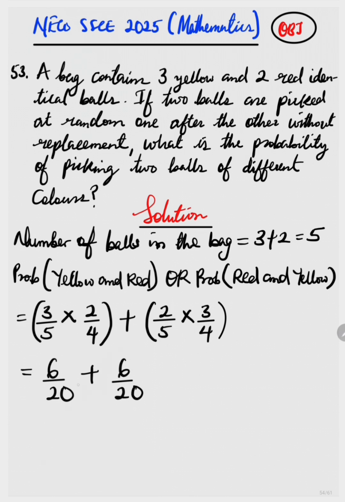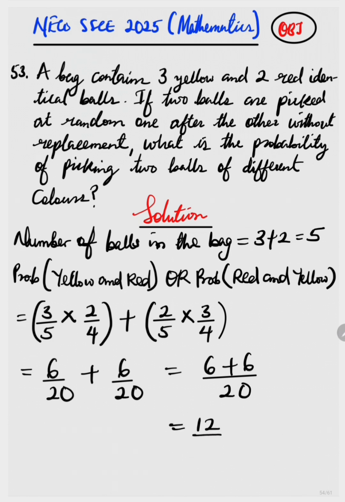Since we have the same denominators, that's 20 and 20, we just perform the operation on the numerator. We have 6 plus 6 over one of the denominators. Now 6 plus 6 is 12.